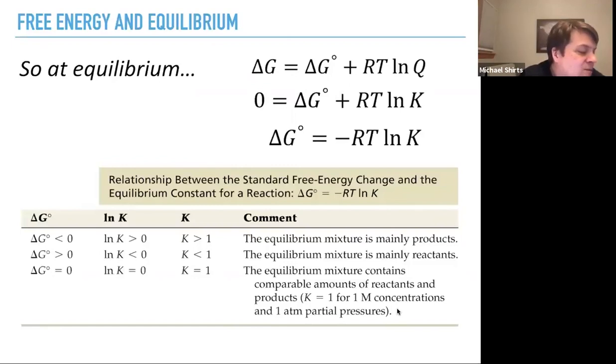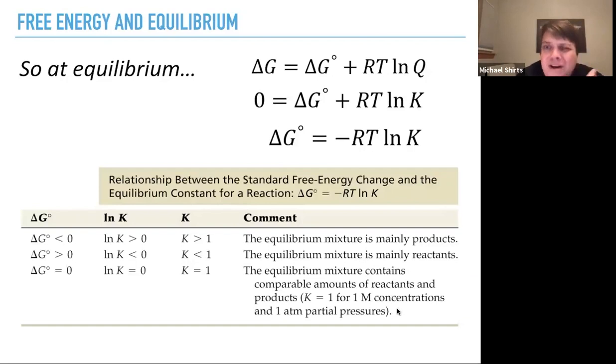And K is less than 1, which means the equilibrium mixture is mainly reactants. Now, if the standard state delta G is equal to 0, log K is equal to 0, K is about equal to 1. So the equilibrium mixture contains comparable amounts of reactants and products, K equals 1 for 1 molar concentrations, 1 atmosphere partial pressures. So that's how we can relate those two quantities, delta G standard state and log K.